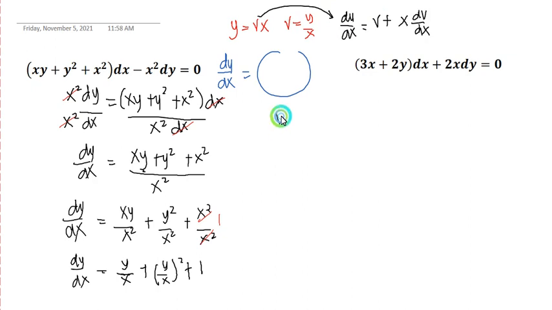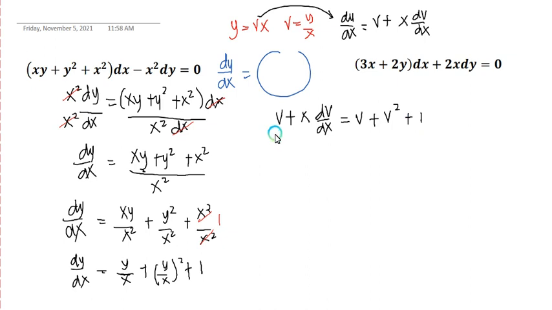That will be v plus x times dv over dx is equal to y over x is your v, so that is v, plus y over x is v, that is v squared, plus 1. So, I now come up with the equation v plus v squared plus 1.